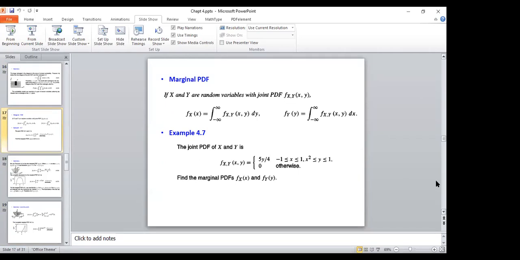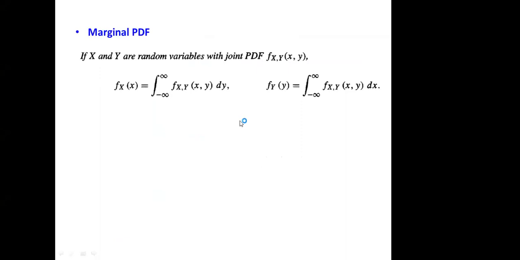So with the marginal PDF, you can understand it from the marginal PMF, how we solved it. It is a similar case in the marginal PDF as well. From this joint PDF, we are talking about the marginal PDF.